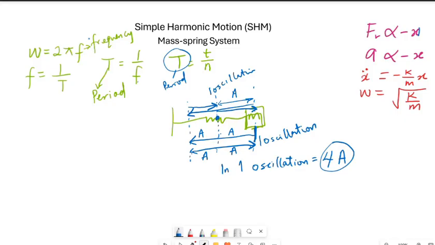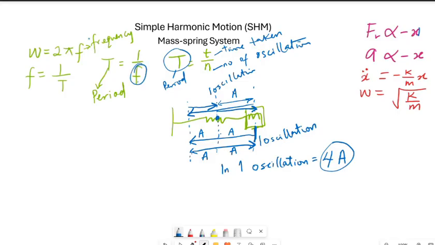It may take much time to complete one oscillation, or it may take less time. That is why it is the time it takes to complete one oscillation. This is the number of oscillations, and this is the time taken. So the time taken to complete one oscillation is what we mean by period.